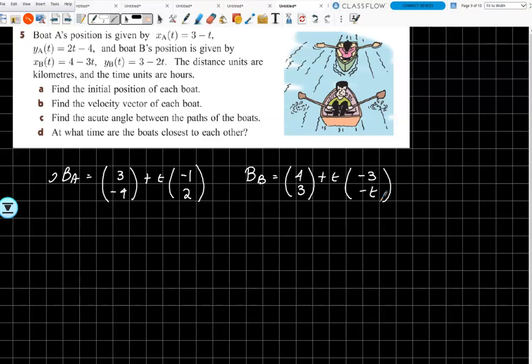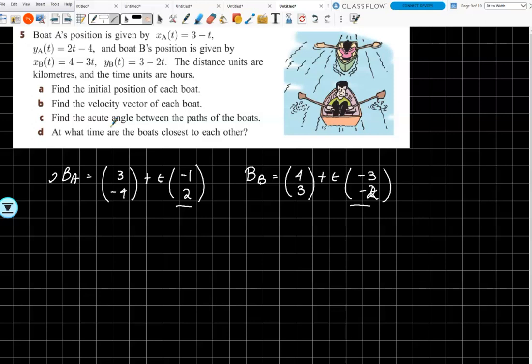Can you find your velocity vector? That's the second one. Easy. Find the acute angle. Yes, so you're going to use your cos theta with this one. Now, remember when it said acute angle, what are we talking about there? You either put the absolute value, just less than 90, correct?